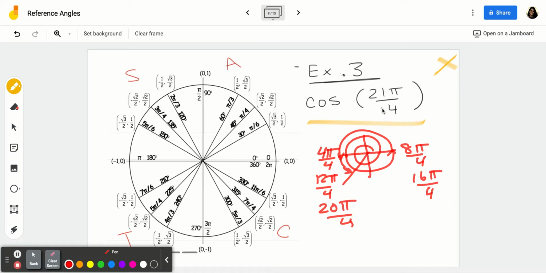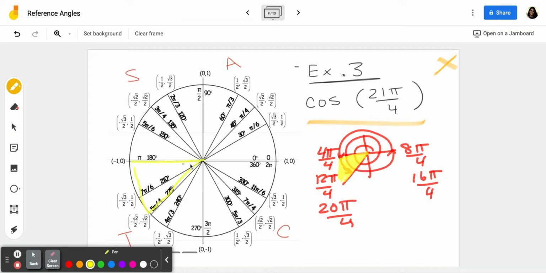Now, we already learned drawing these angles before. How does this help us? It actually gives you the reference angle. Right here, this space right here is the reference angle. That's a pi over 4 reference angle. But on our unit circle, I see it as this space right here.